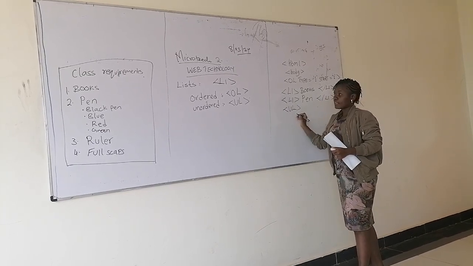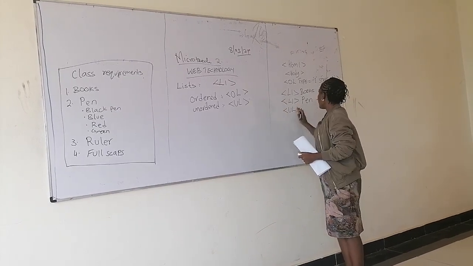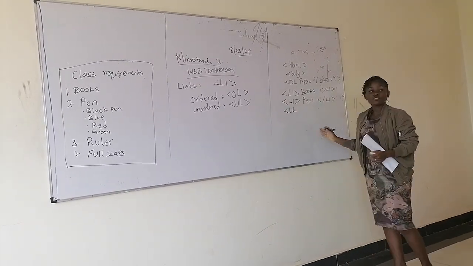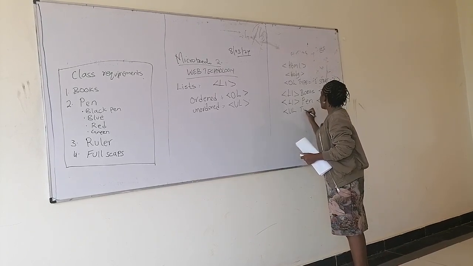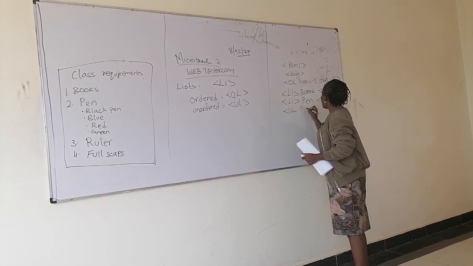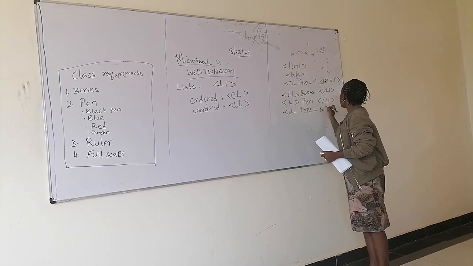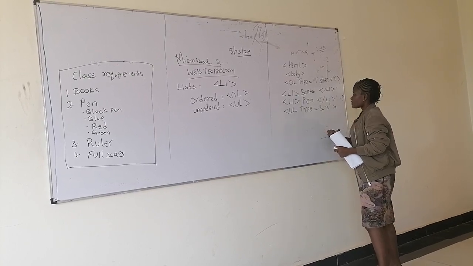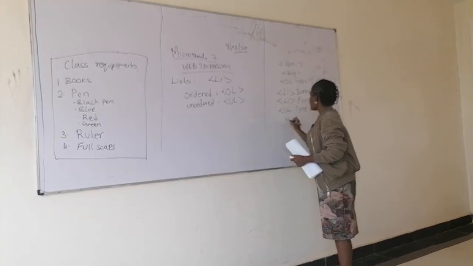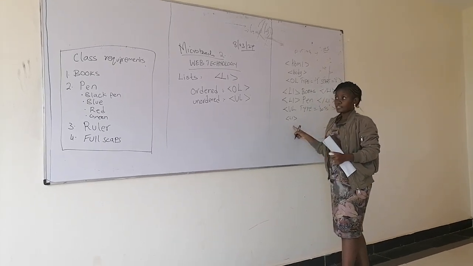Are we together up to there? Yes. So under here we will specify if you want bullets or squares or dots. So type, we will say dots. Then we close here. Then it will be li. We repeat this. Understand?